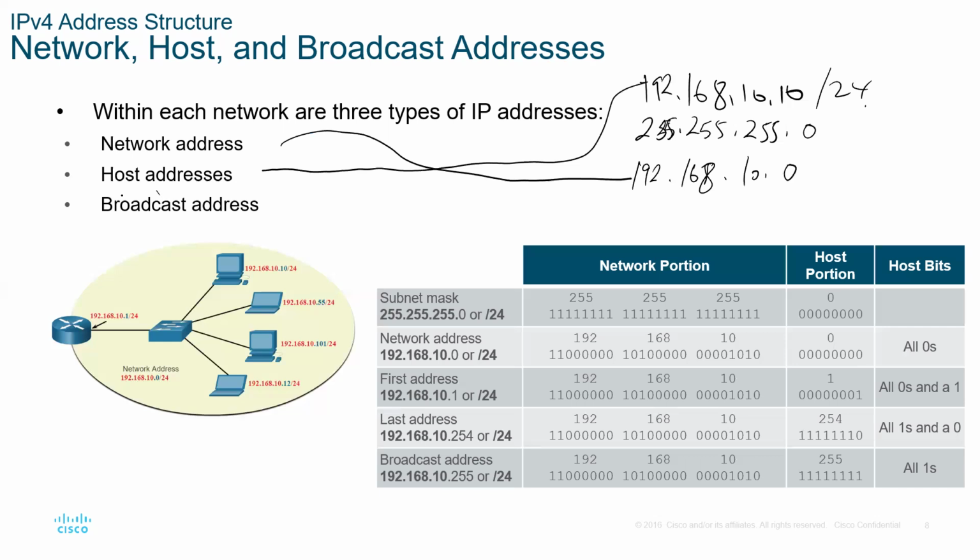Then we can add what we call the broadcast address. What is the broadcast address? The broadcast address is an address which is used to send to all the devices in a given network. I said the network address is very important.